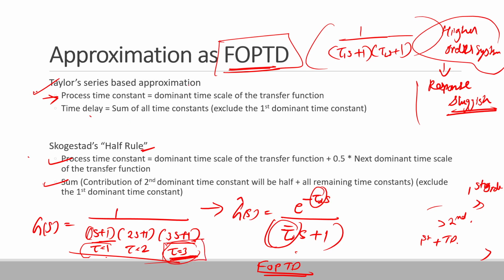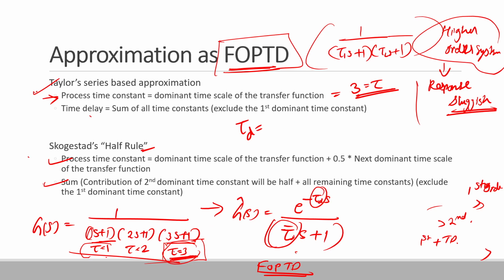So if we use this Taylor series based approximation for the FOPTD, the process time constant is simply tau, that is for the new system tau will be 3. Then in order to find the time delay, that is tau d, we take the sum of all time constants excluding the first dominant time constant.